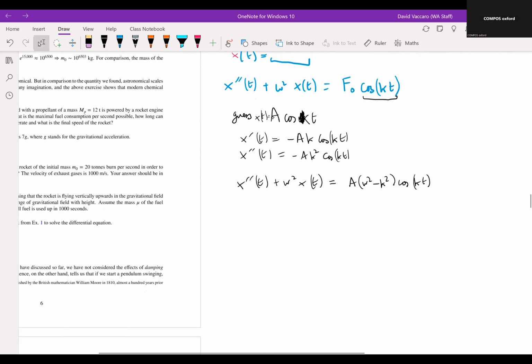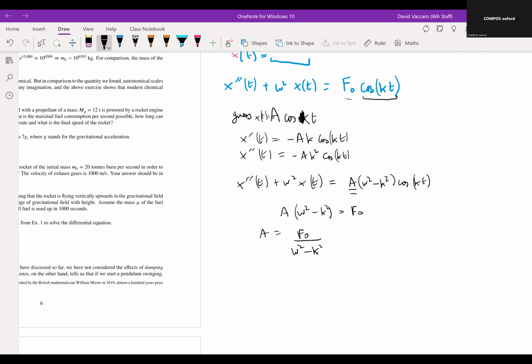And that works as long as I choose a correctly. So as long as I choose a so that a times omega squared minus k squared is equal to f naught, it's right. So I need to put a as f naught over omega squared minus k squared.